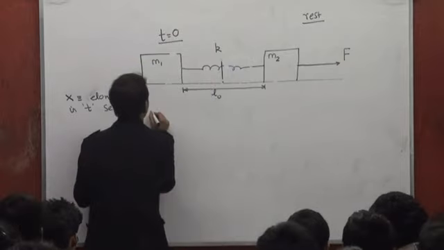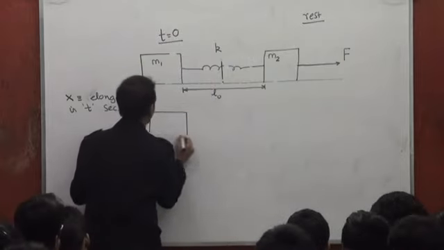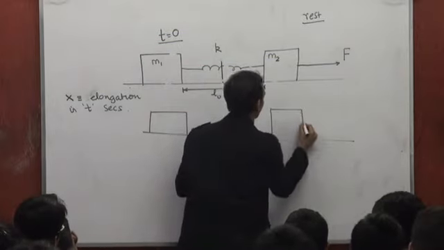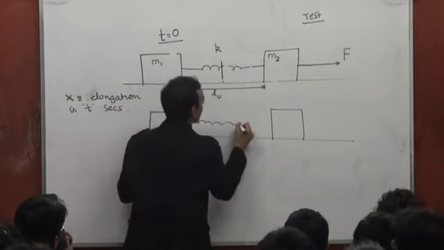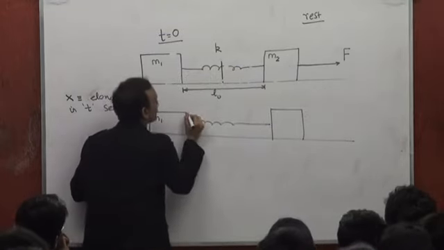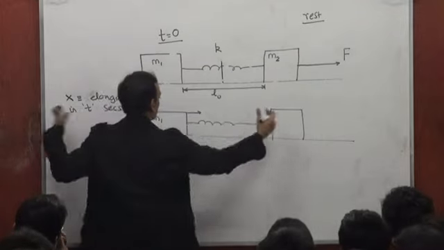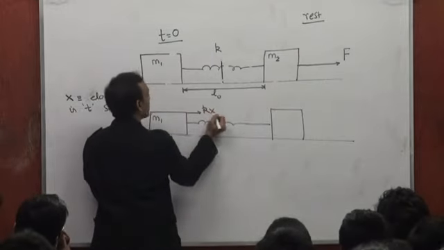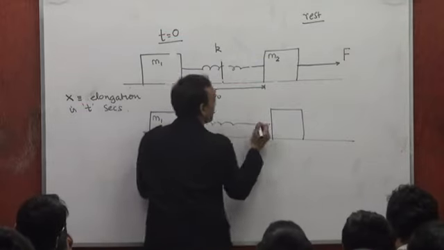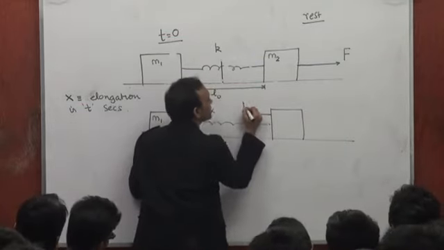And at that point, when the spring has got elongated by an amount x, it's going to exert a force kx on M1 like this, right? And on M2, it's going to exert a force kx leftwards.